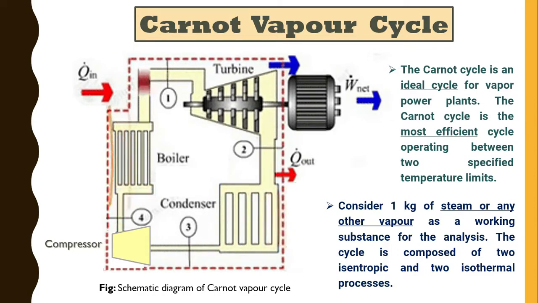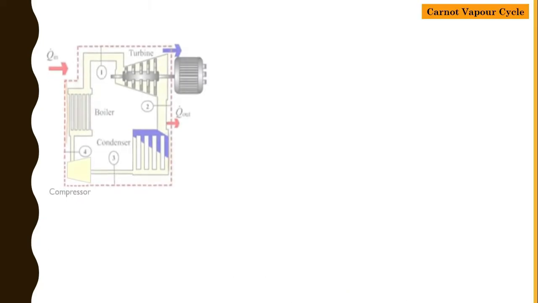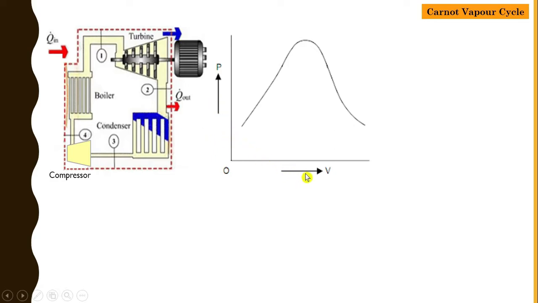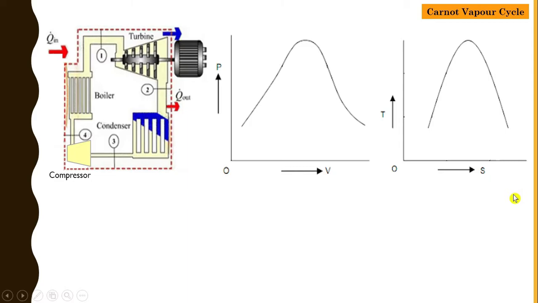So let's discuss the different processes one by one on the PV and TS diagram. This is our schematic diagram of the Carnot vapor cycle. Here we draw the PV diagram and here we draw the TS diagram. Here a curve is already shown, which is called the saturation curve.